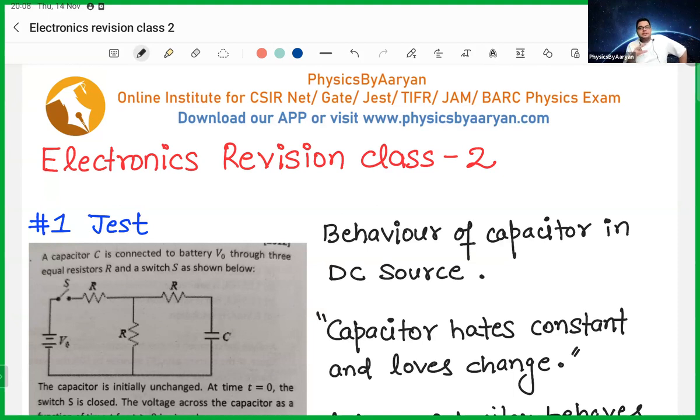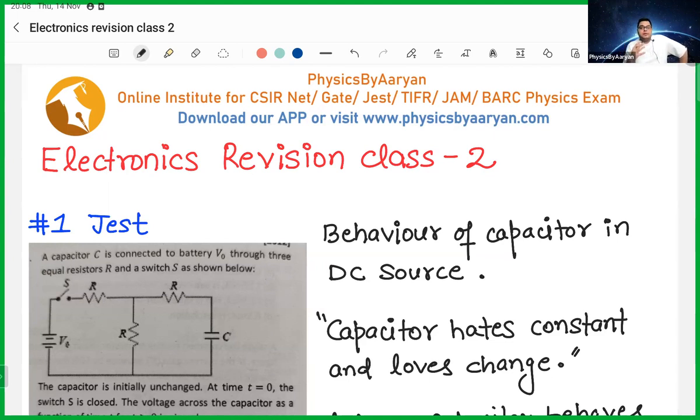Basically this topic is important for two exams: number one is JEST and number two is JAM. As such, this topic will be connected to operational amplifiers for CSIR NET and GATE, but you cannot expect a direct question in NET and GATE. They might have asked one question, but this is not a very important topic for GATE and NET.